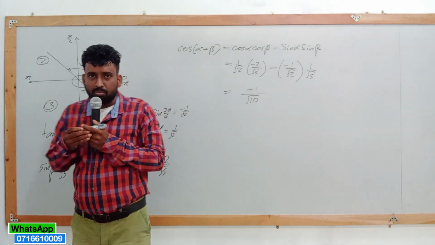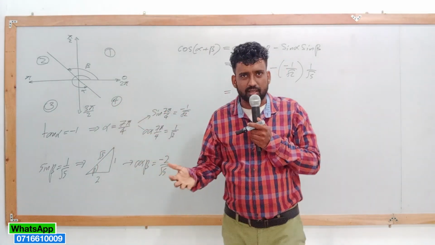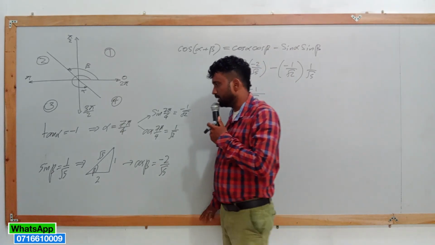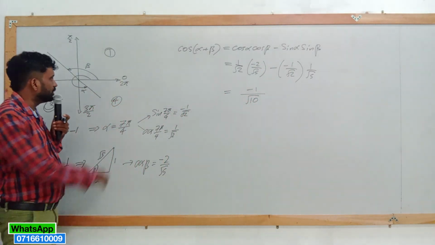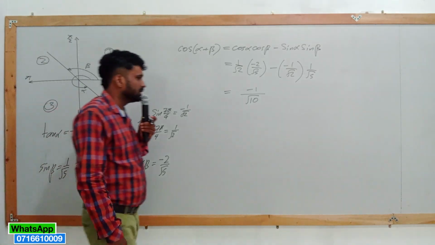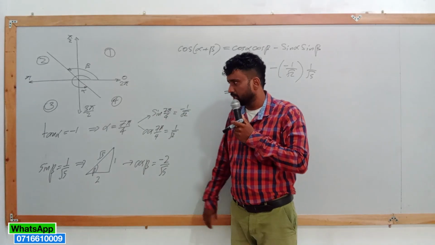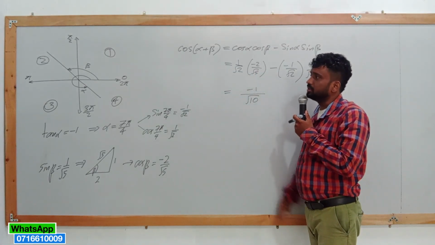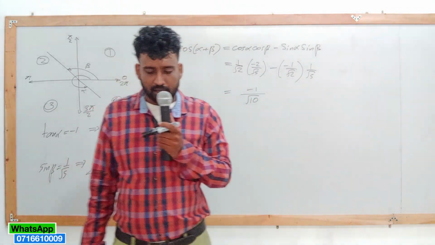This is the basic theory, very basic theory, explained from the start of trigonometry, right? Normally students miss this theory, right?